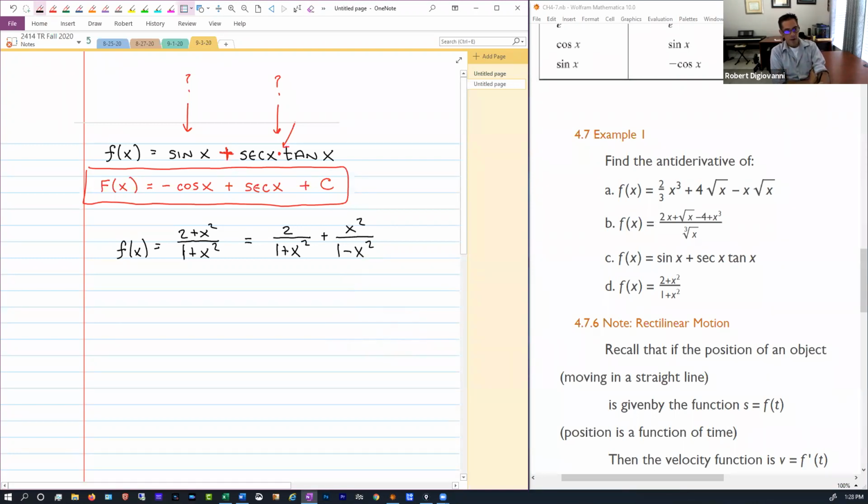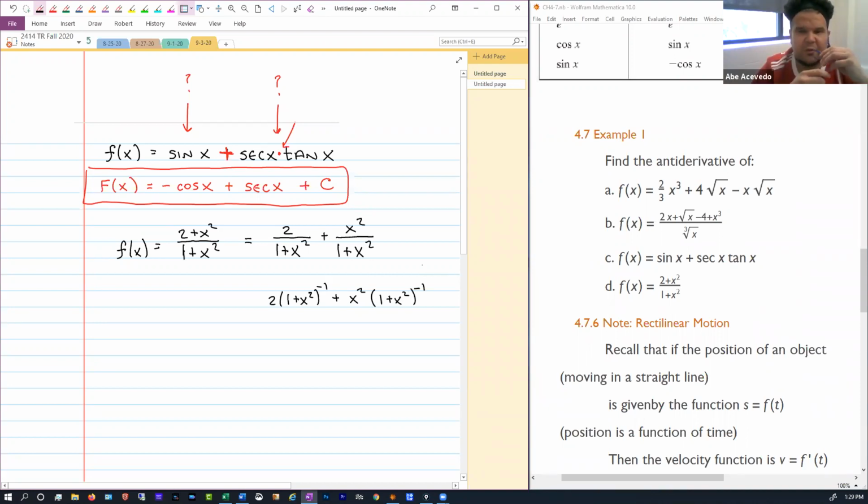Someone said we could bring the 1 plus x squared back up to the top, right? You could do that. I'm not sure what we gain again, because we bring that up. I hear someone saying, oh, I forgot to put plus there. Is this the case when we use natural log? Okay, no natural log yet.